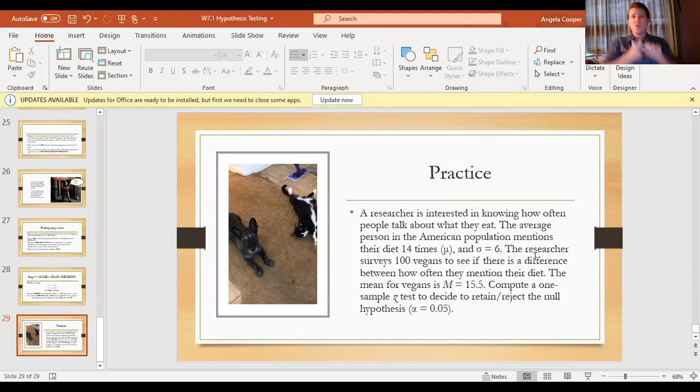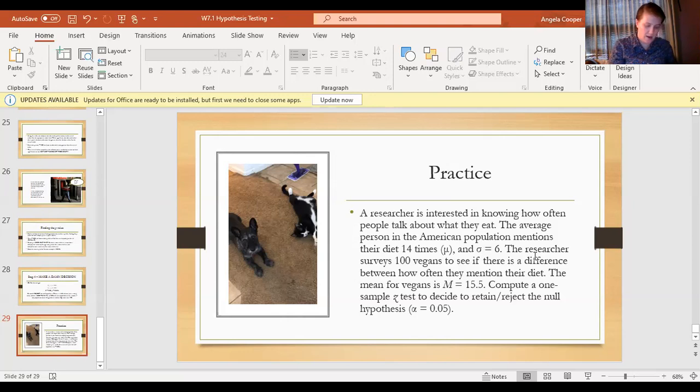Step 1, null and alternative hypotheses. So the null hypothesis is saying it's just the same as whatever our population mean is. So the null hypothesis states that the population of vegans will mention their diet the same number of times that the American population does. The alternative hypothesis is saying something different.